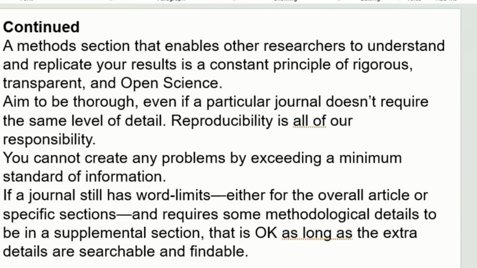Say you left at 4:00 and at 4:10 something comes up, you are needed and you are gone. Tomorrow you'll be lying, saying you went to the bathroom, whatever. Then it's another story. So you cannot create problems by exceeding a minimum standard of information.